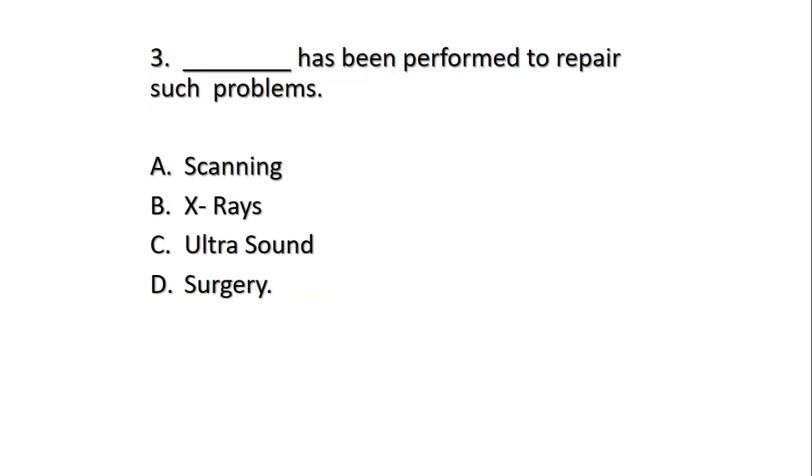Find out the answers. Then the third one: dash has been performed to repair such problems: scanning, x-rays, ultrasound, surgery. Which method has been performed to repair such problems before the birth takes place?